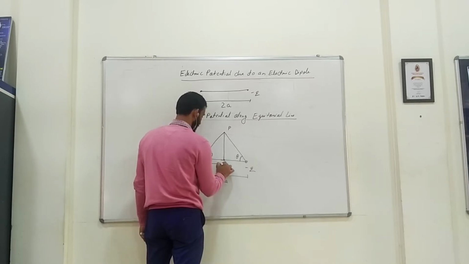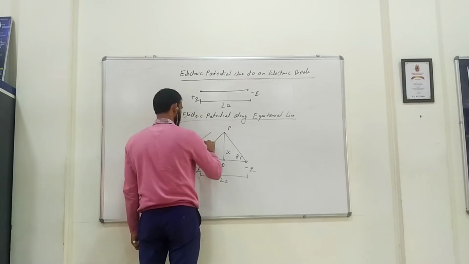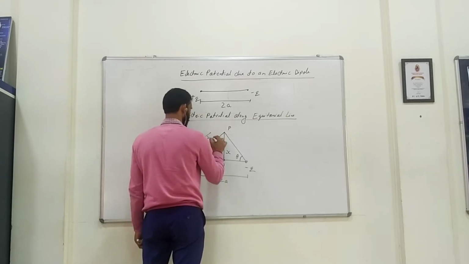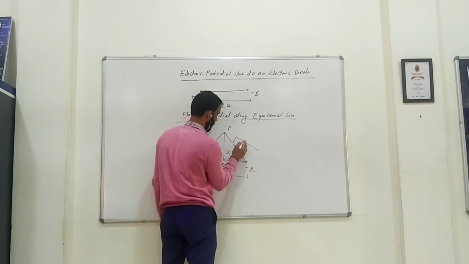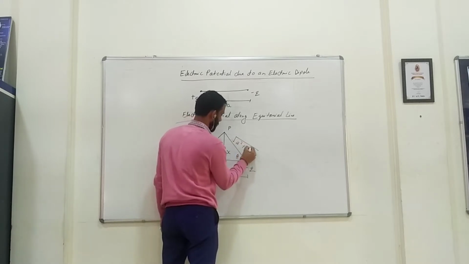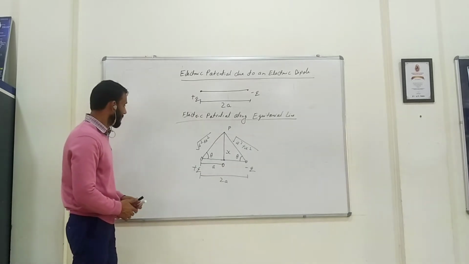So if this is a, this is x, you know that this distance will be under the root a square plus x square, and similarly this will be under the root a square plus x square, and this is what we have to calculate.